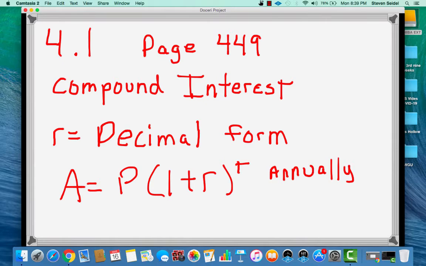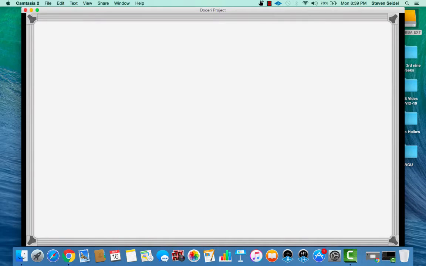Now what I want you to do is go to the very next page, because we're going to add some things in there. There are different types of compounding, and that's going to change the formula just a tad bit.